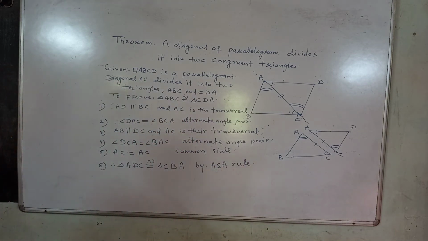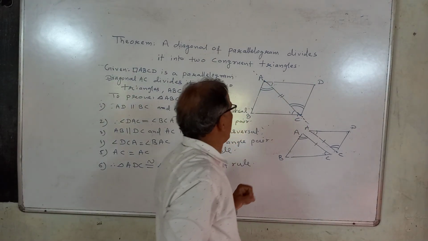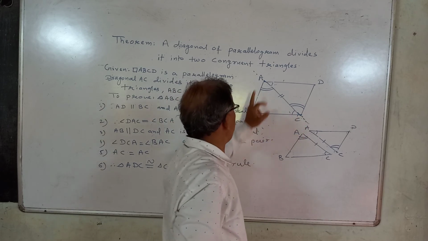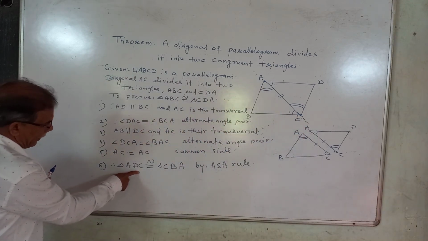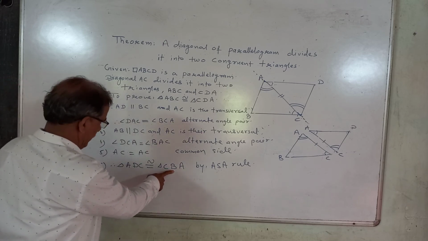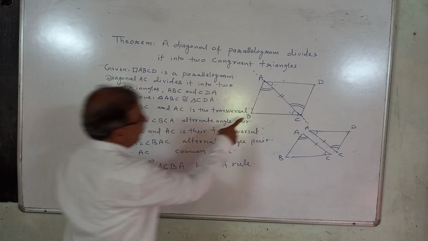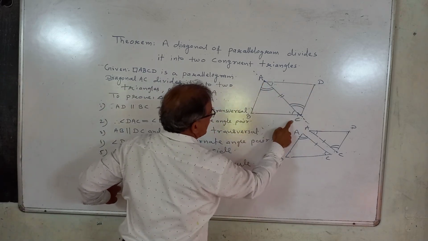Now listen here. If triangle ADC is congruent to triangle CBA, for AD the corresponding side here is CB.